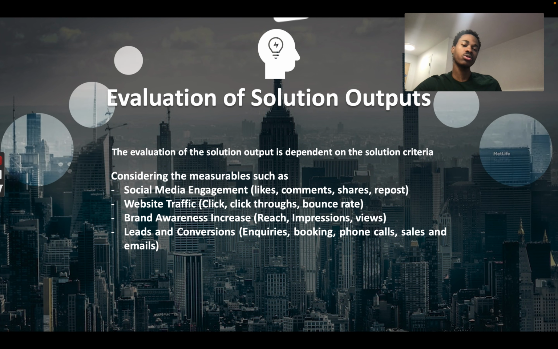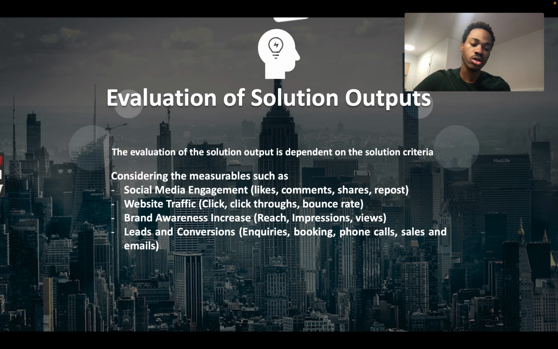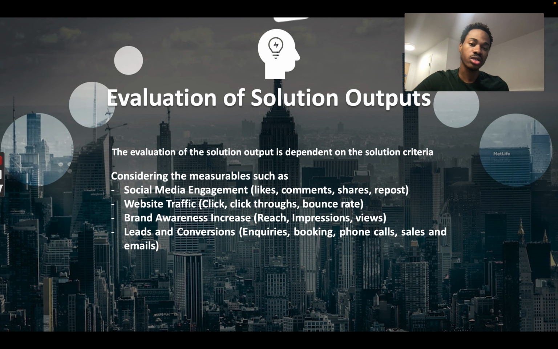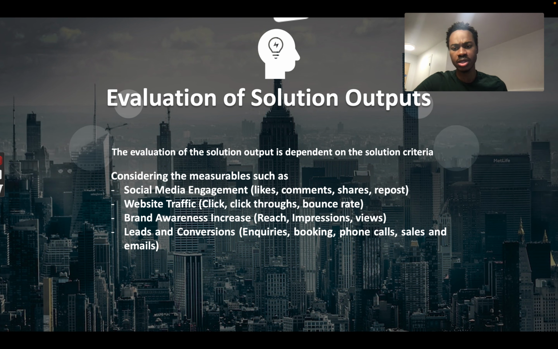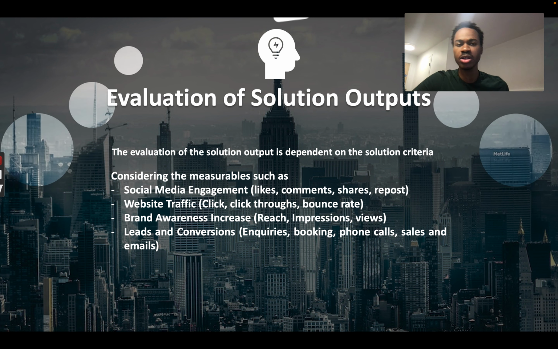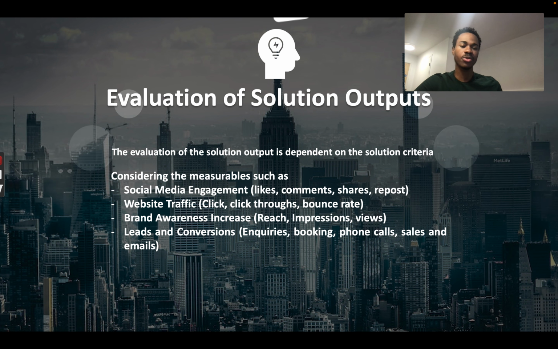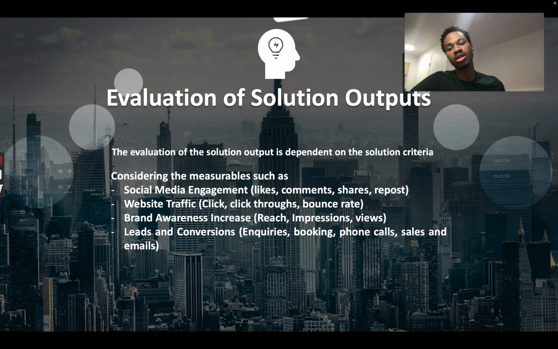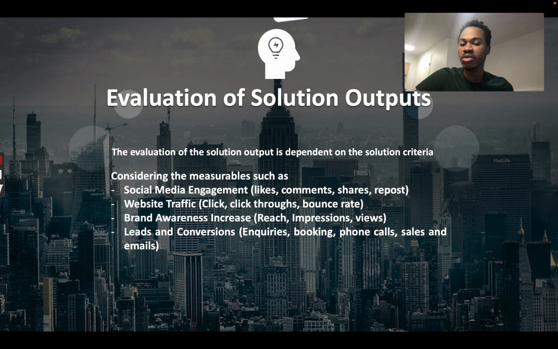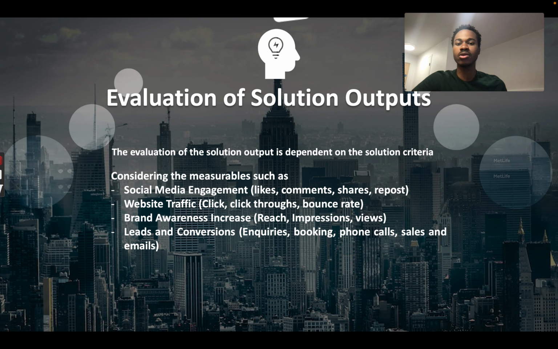These are measurable metrics which define the solution success, and it also defines how to evaluate it. Because basically, if there's an increase in likes, comments, shares, and reposts, it means the social media campaign is working. And if there is not, then it means it's not working. But it could also give you insight on what exactly is not working and why it's not working.